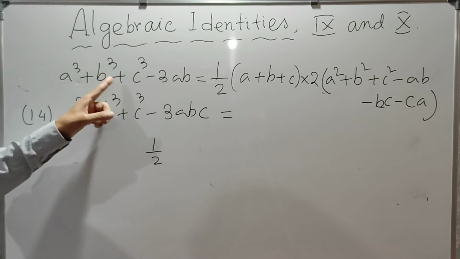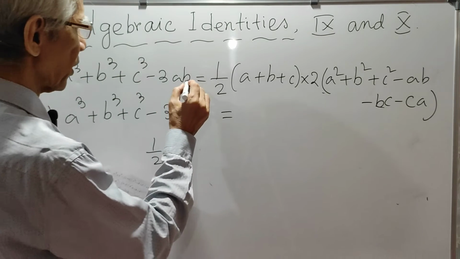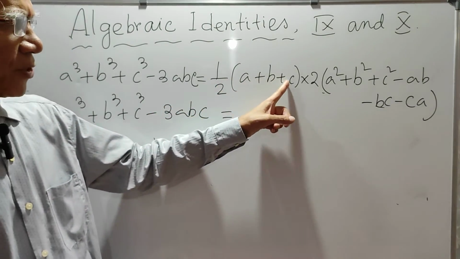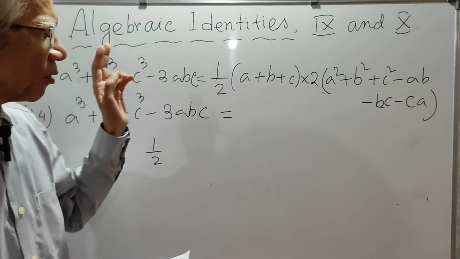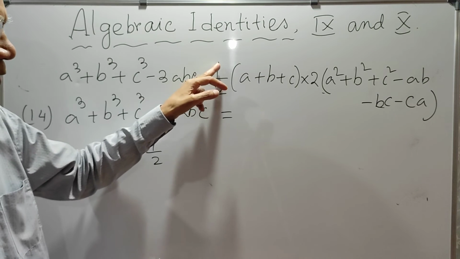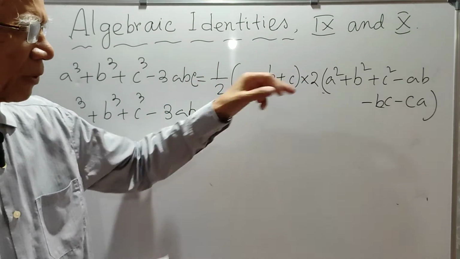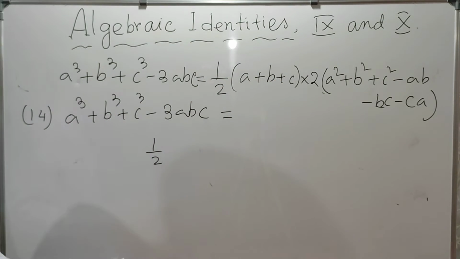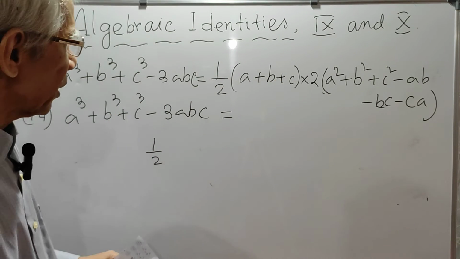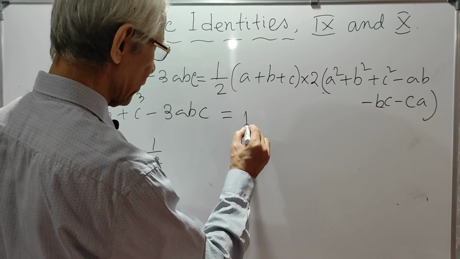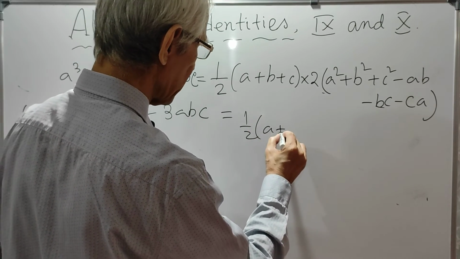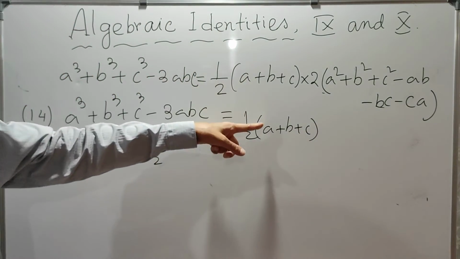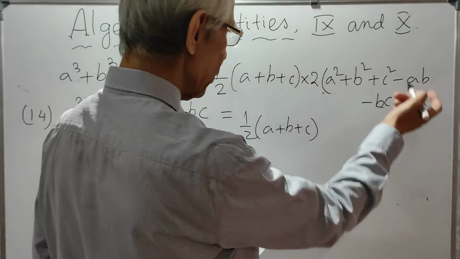So a cube plus b cube plus c cube minus thrice abc is equal to a plus b plus c into this. Keeping the equal sign, we multiply by half and multiply by 2 in order to get the next form. So half a plus b plus c, and now this 2 goes inside.